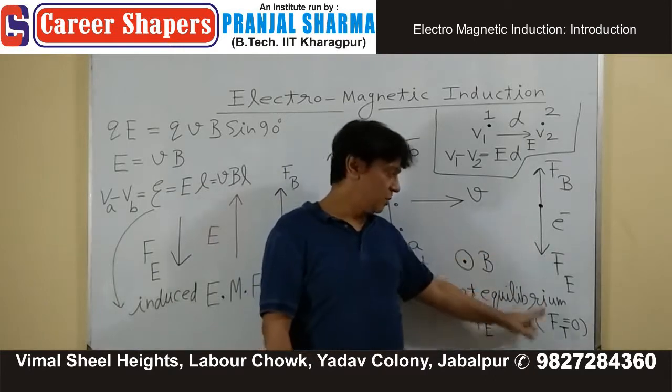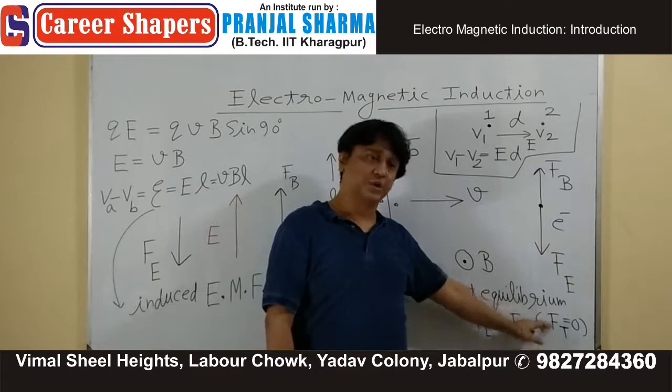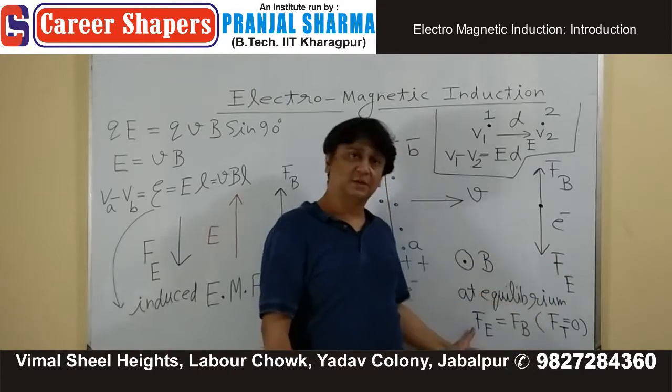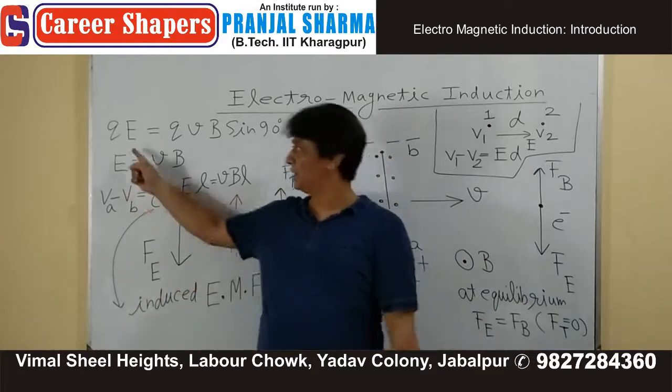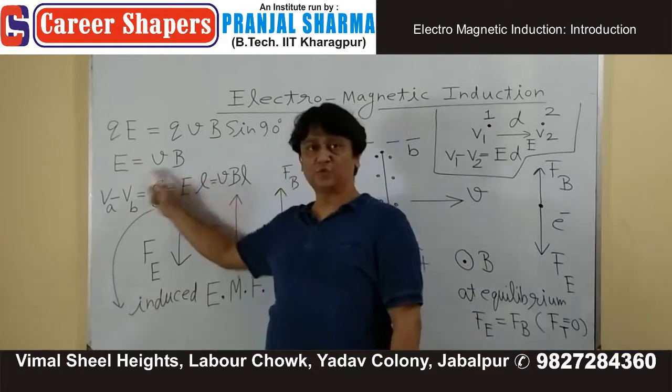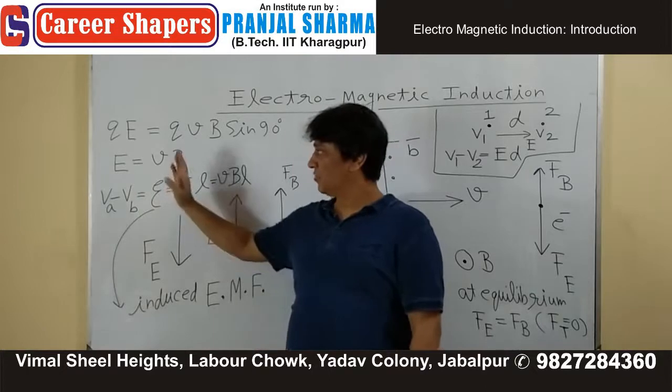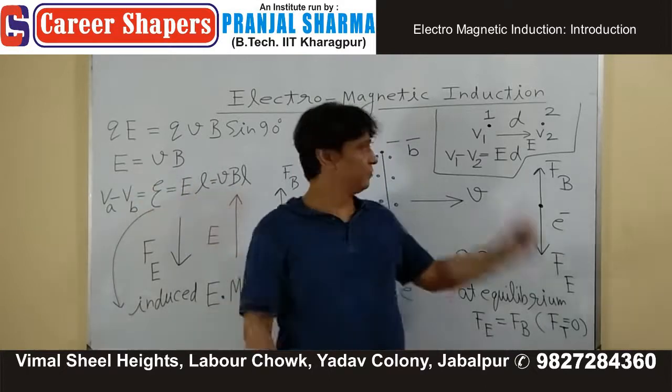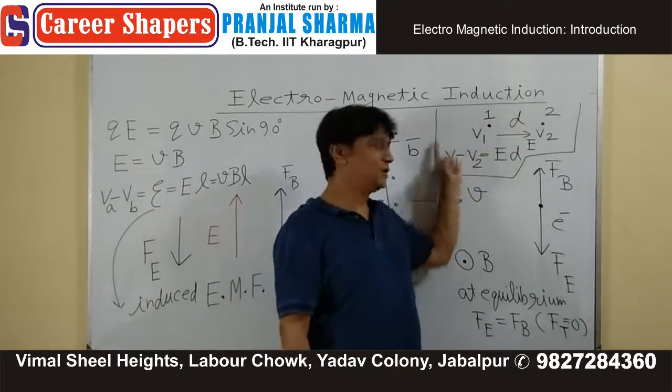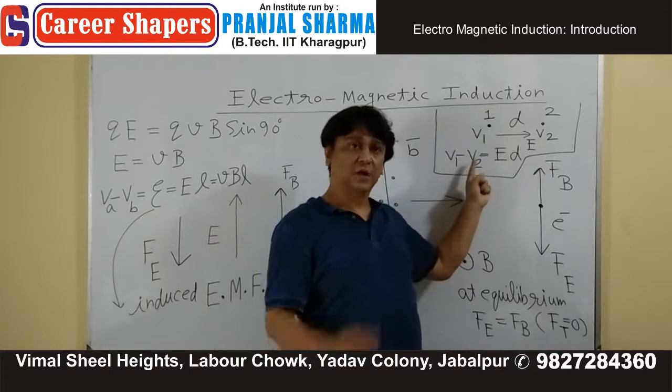At this equilibrium, we say that the total force is zero, which gives us the electric field present, coming as V into B. If we have the electric field, then this comes from the potential difference in the electric field.